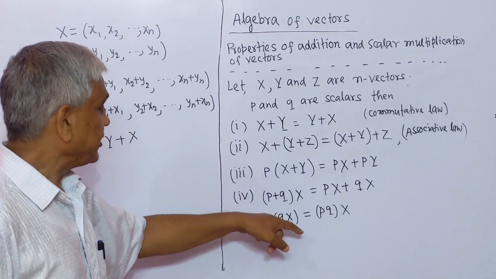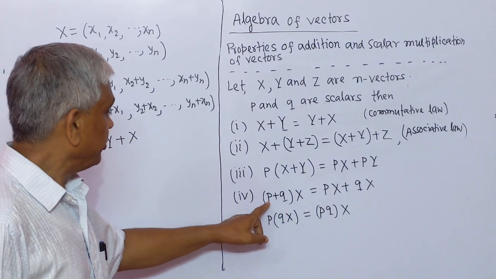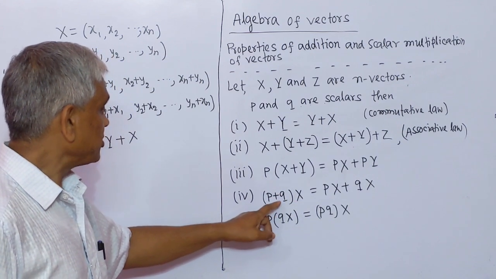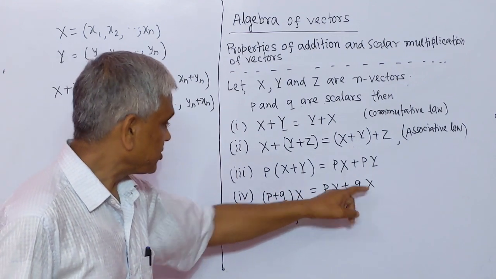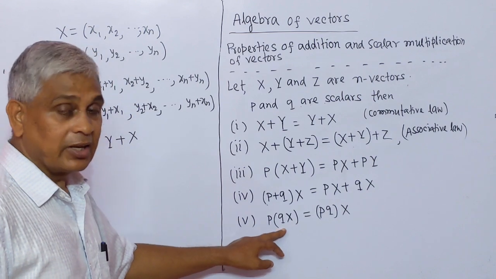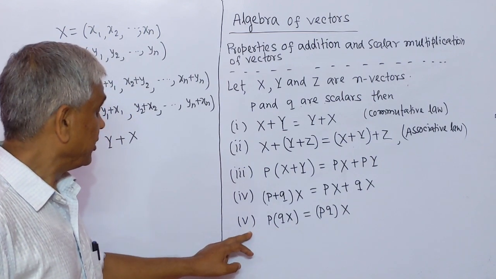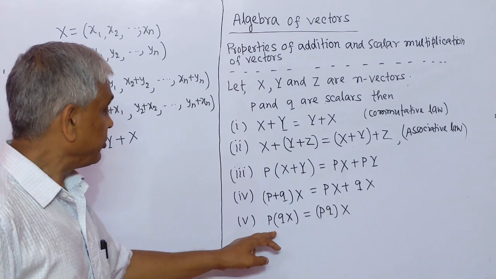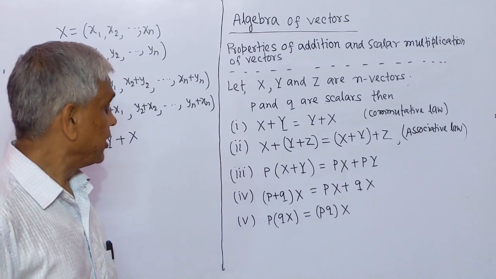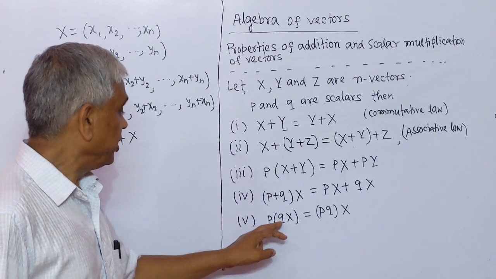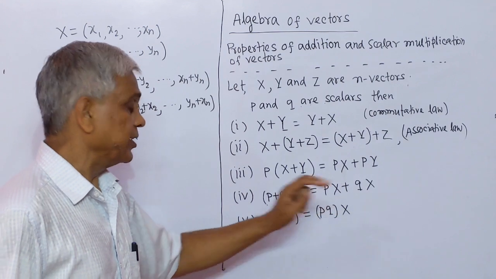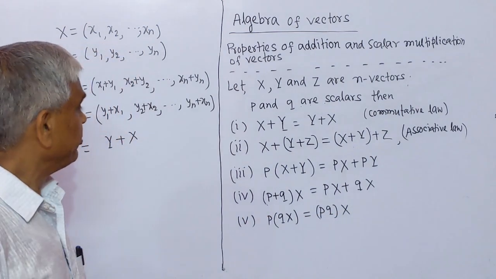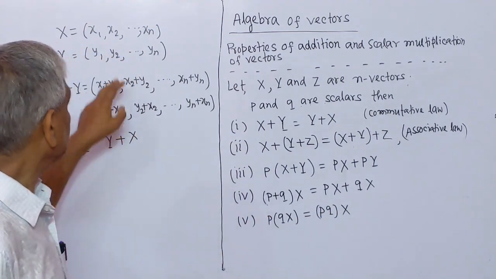So this is another type of distributive law: Px plus Qx. This is number 5. Here P, Q are scalars. P under bracket Qx equal to PQ under bracket x. We may prove these properties very easily, similar to this.